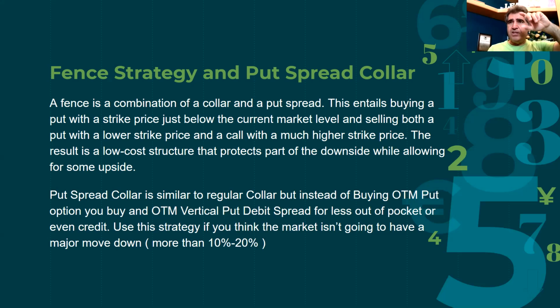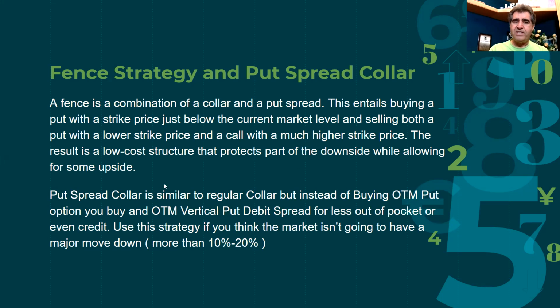In the regular collar, maybe you only had to go $5 out of the money because you want to make sure the premiums are similar. This way, maybe you can be more flexible and go a little higher, so your profit target can be higher and your cap is higher.